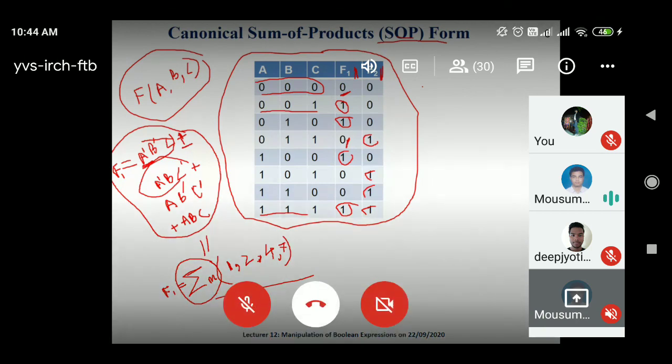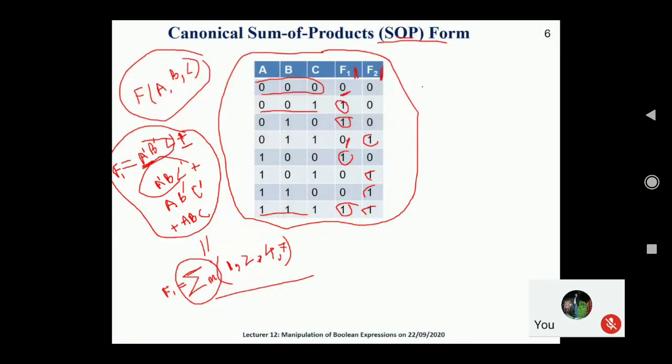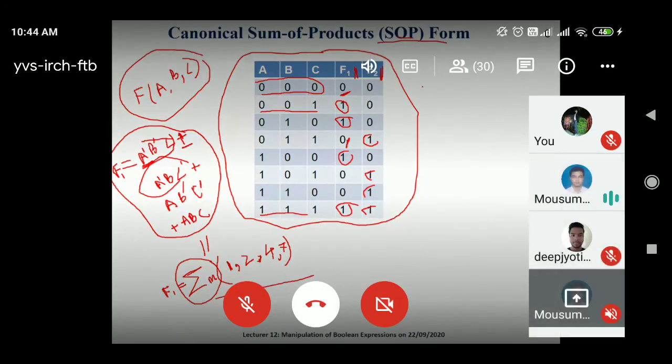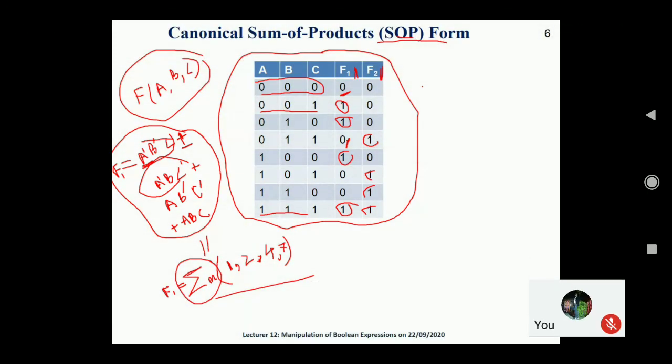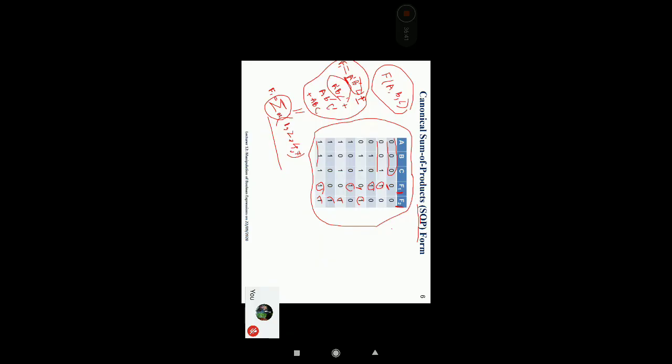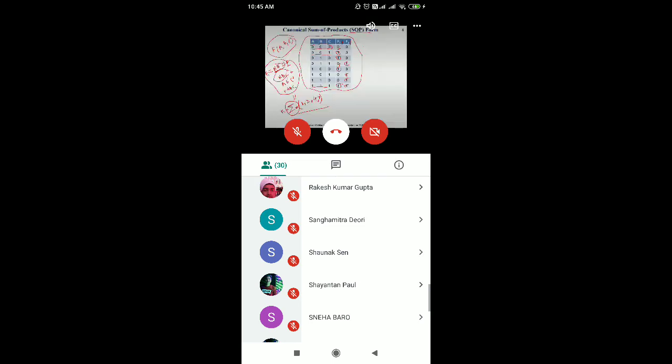So you can study through a textbook what the canonical form is, what the sum of product and product of sum are, and some particular examples. Just study the definition; you can see the examples also, but a lot of examples are there. Next class we will discuss the examples, how we can use this.